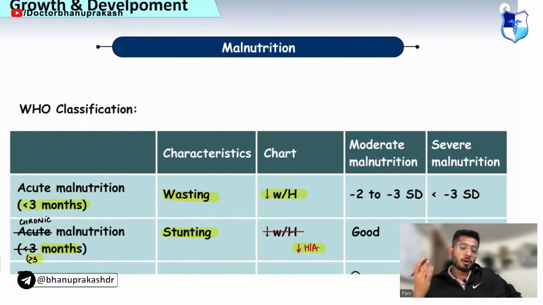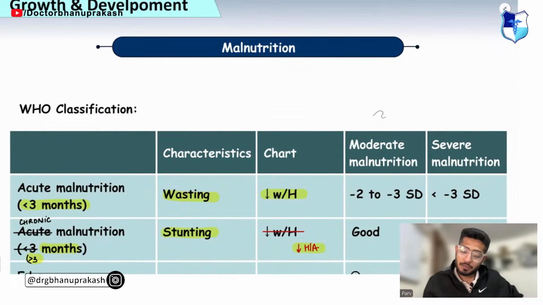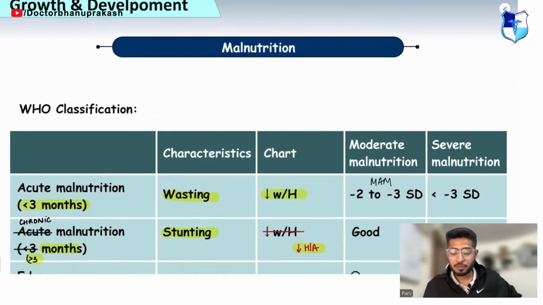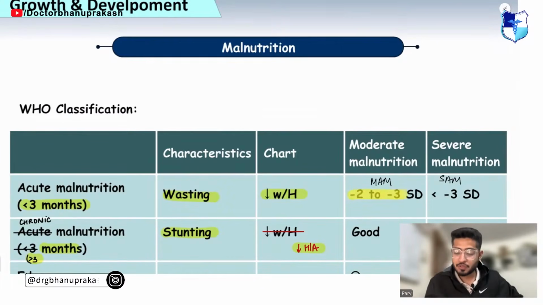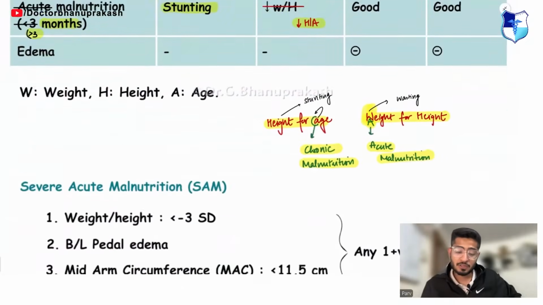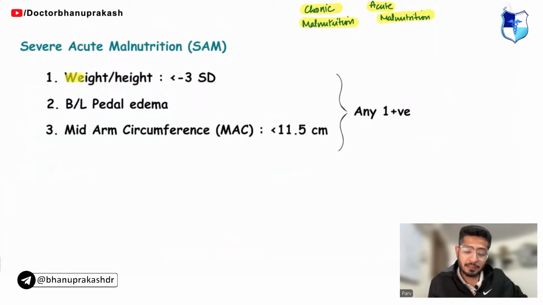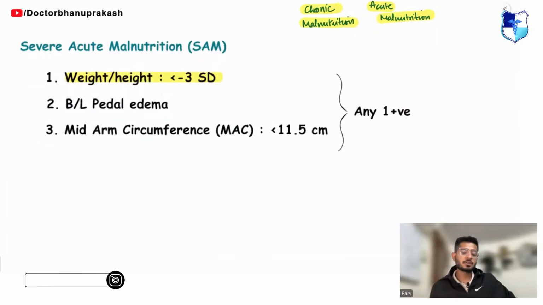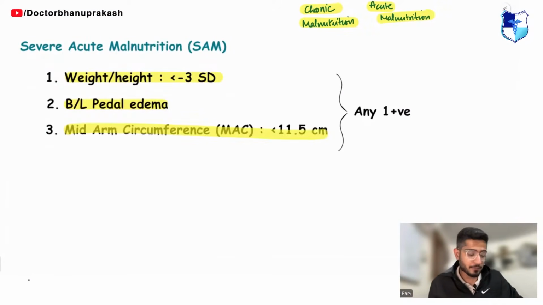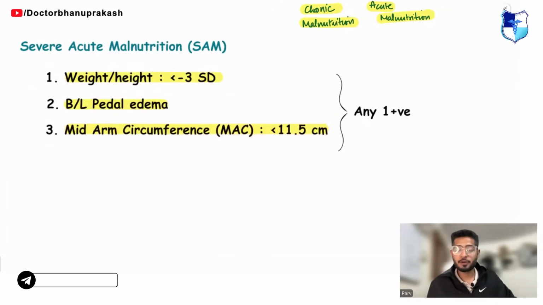Now, what do you mean by moderate malnutrition? When it is acute, it is called moderate acute malnutrition, and SAM is severe acute malnutrition. Moderate is -2 to -3 standard deviation, and severe is below -3 standard deviation. Just remember that if the weight for height is less than -3 standard deviation, if there is bilateral pedal edema, or if the mid-upper arm circumference is less than 11.5 centimeters, any one of these being positive is indicative of SAM.